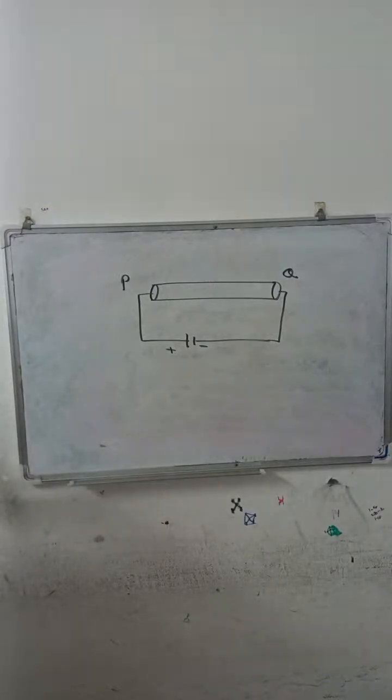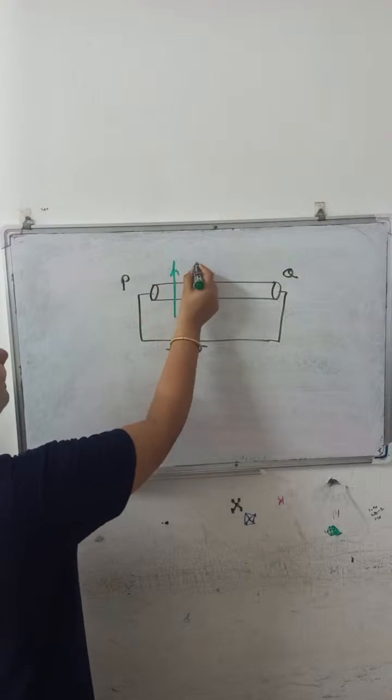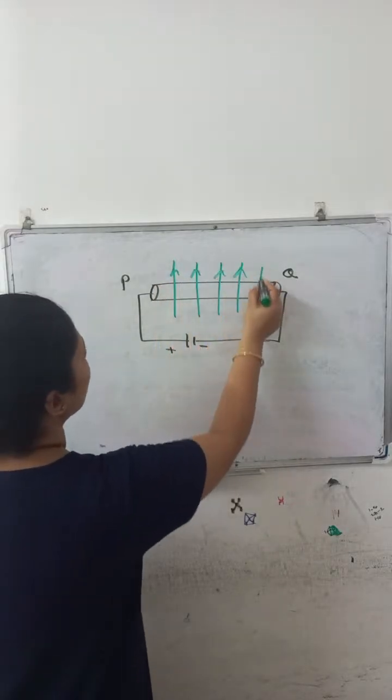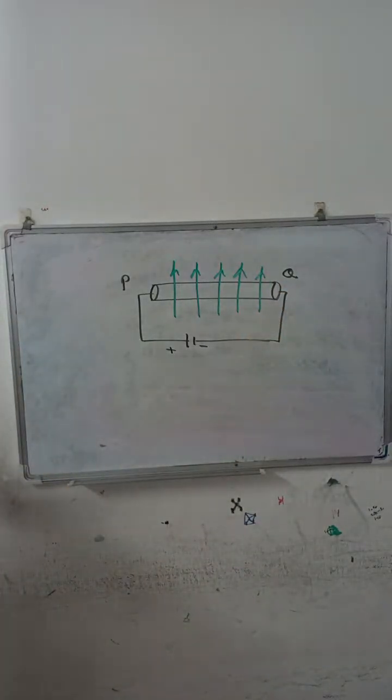Here magnetic field lines are also given. They are asking where the rod will move, since the ends of the rod are connected with the battery using wires. PQ is a rod.